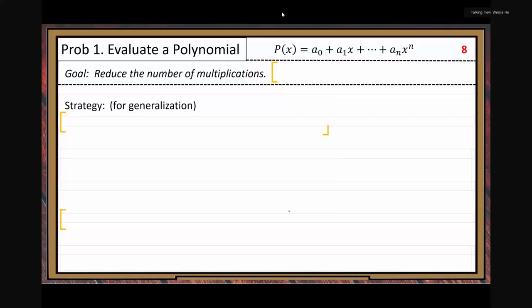So here you can see every step we need to apply some strategy. That's typical problem solving: every time you have a relatively hard problem to solve, you need to think about what strategy to use.